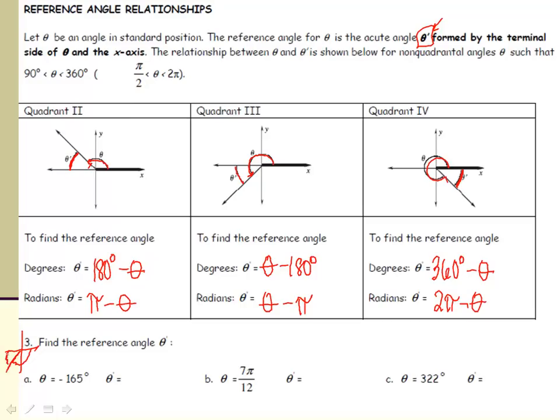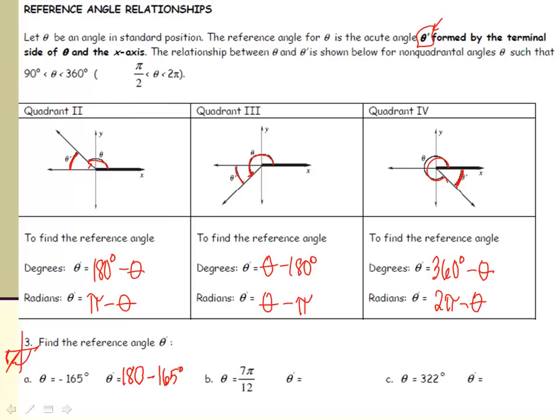So I know this is going to be my reference angle. I'm going to take my angle and do 180 minus my 165 degrees.